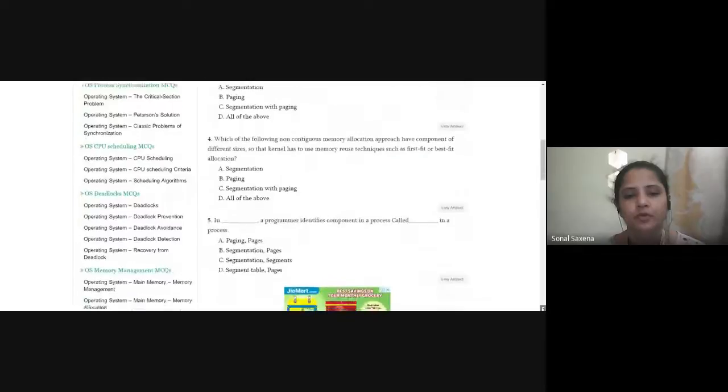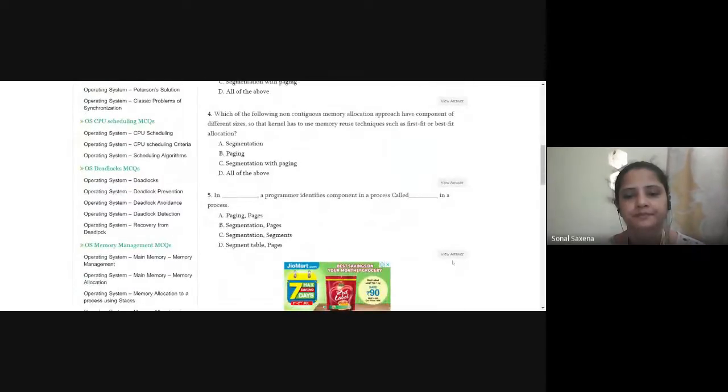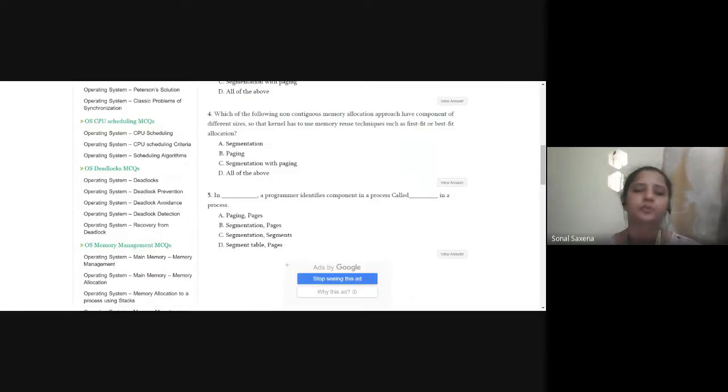Question number 4 and 5. Question number 4 says, which of the following non-contiguous memory allocation approaches has components of different sizes, so that the kernel has to use memory reuse techniques such as first fit or best fit allocation? And then there's question number 5, which says, in dash, a programmer identifies components in a process called dash in a process.